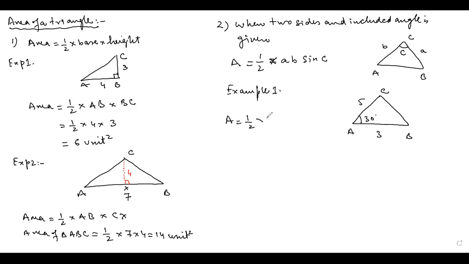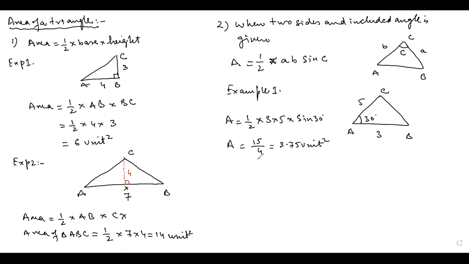The two sides are 3 and 5 and the included angle is 30 degree, sine 30. We will find out sine 30 with the help of calculator, or we will put this whole expression to the calculator to get the final answer. The final answer is 15 over 4 is equal to 3.75 units square.